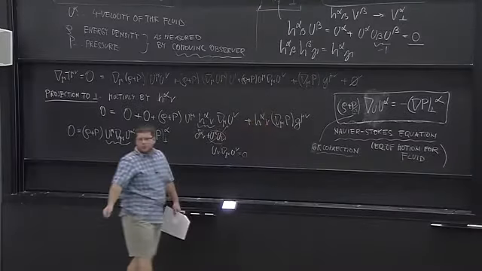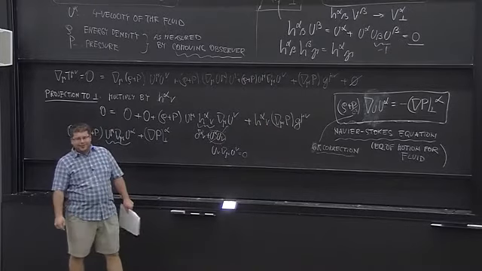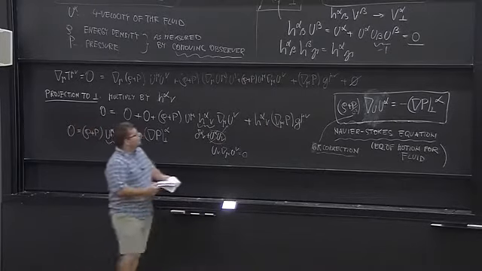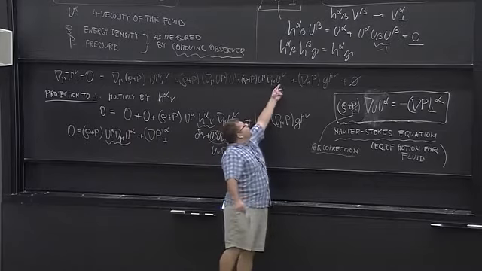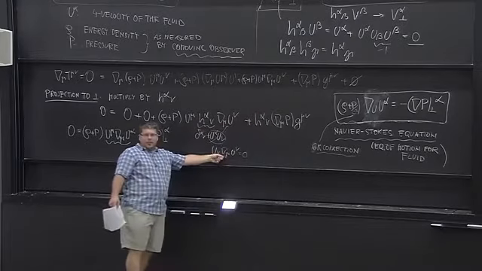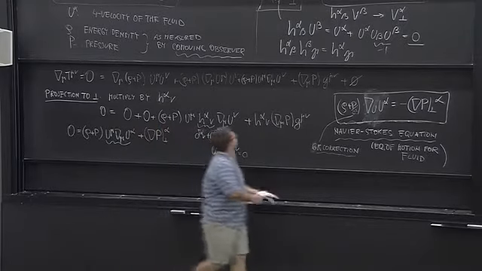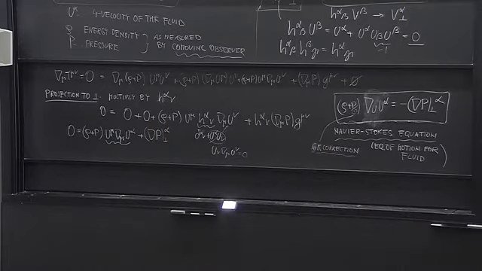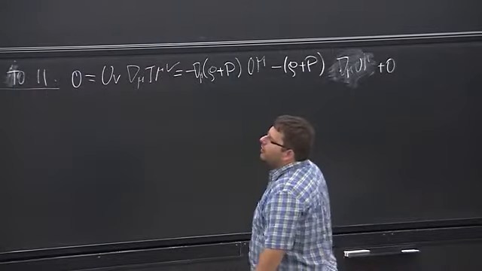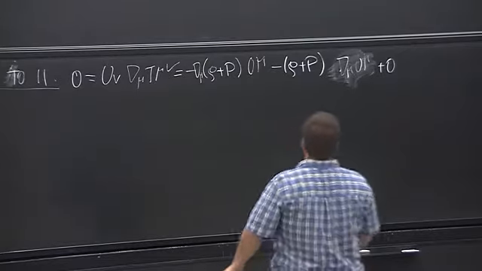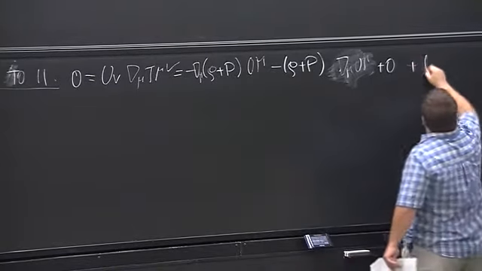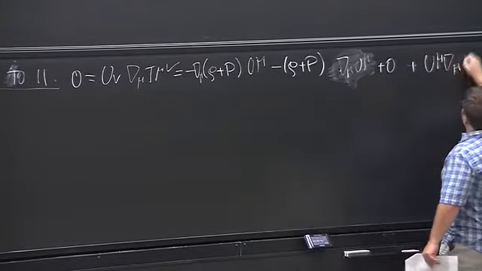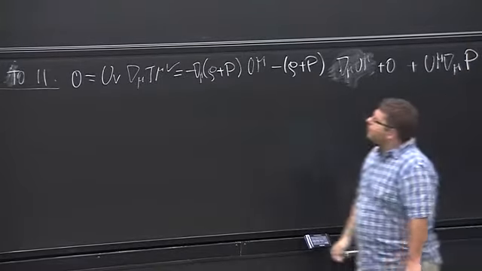I'm hitting it with u nu, so I have u nu nabla mu u nu, which is precisely 0. So it's plus 0. And then if I hit the last term with u nu, it just gives me plus u mu nabla mu acting on p.